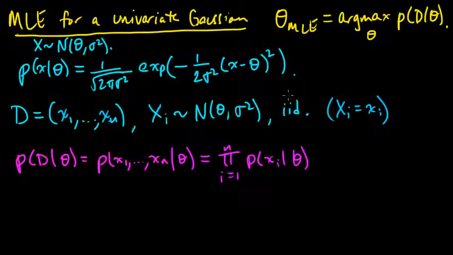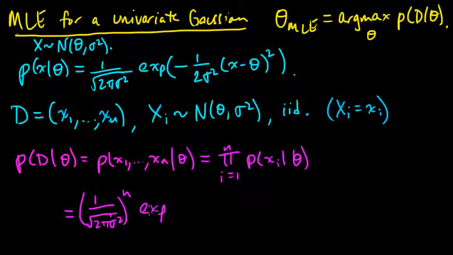And then we can apply this formula, since they all have the same density, and this becomes, let's write out what that is. We've got this first part to the n, exp, and the product of exponentials becomes the exponential of the sums.